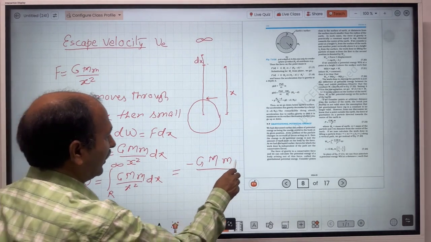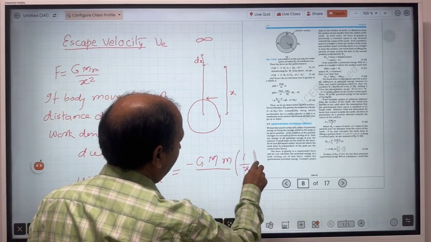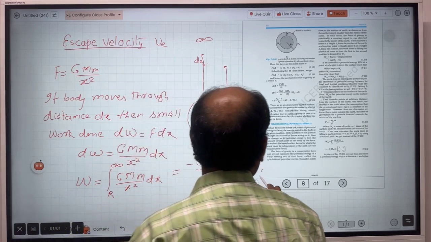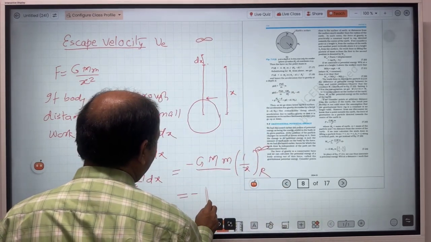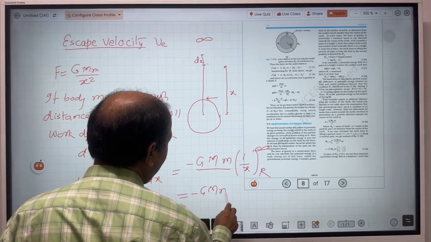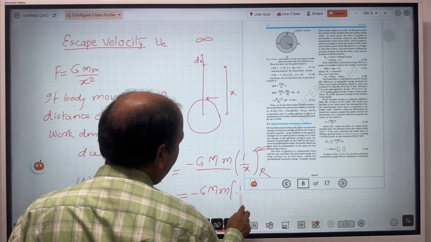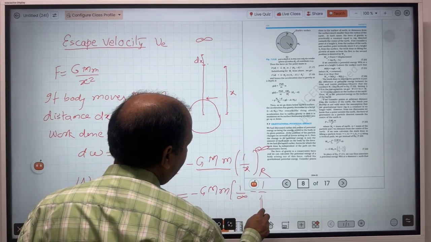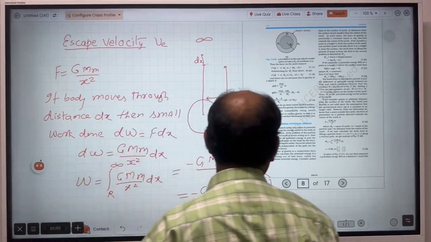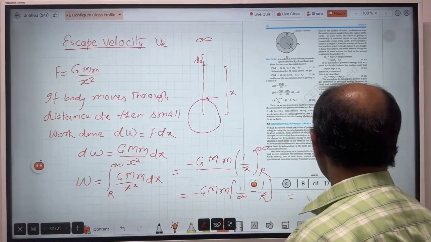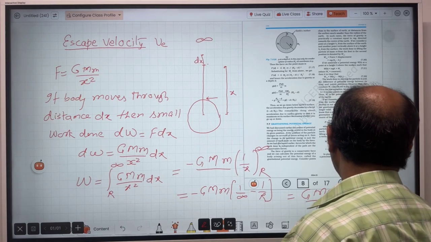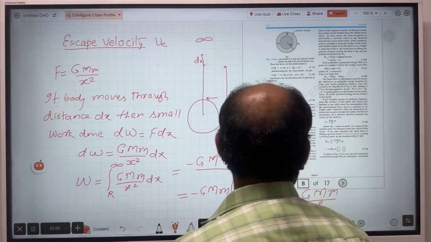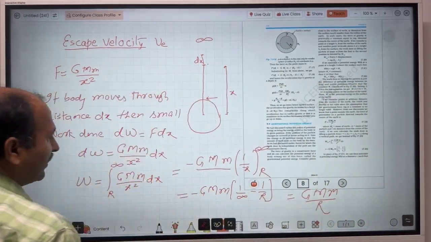That is why. So here 1 upon x, with limits R to infinity. If we put the limits, minus GMm times (1 upon infinity minus 1 upon R). So this gives GMm divided by R. So this is the value of work done.